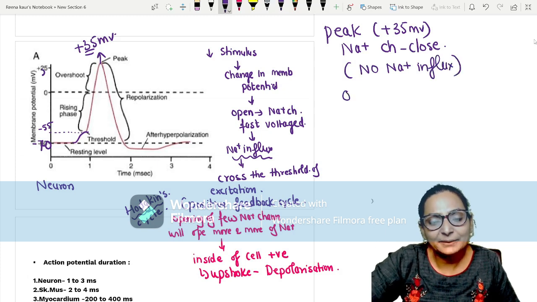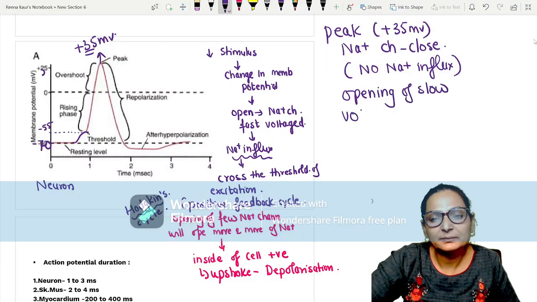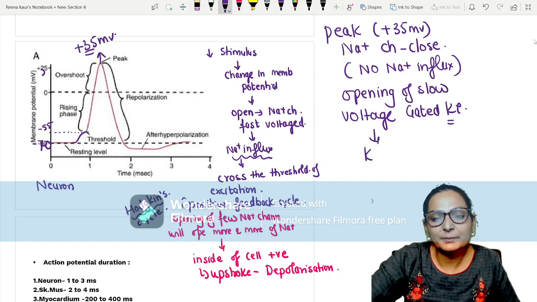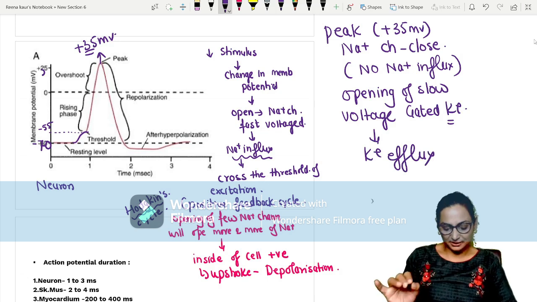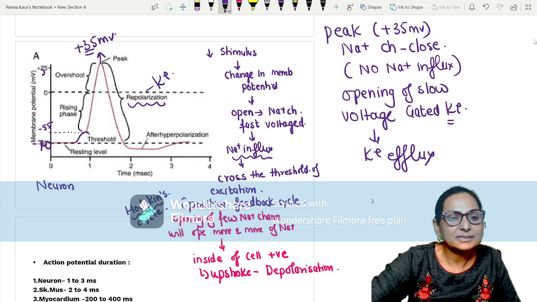But at the same time, there will be opening of slow voltage gated potassium channels, and there will be potassium efflux. This is your repolarization.